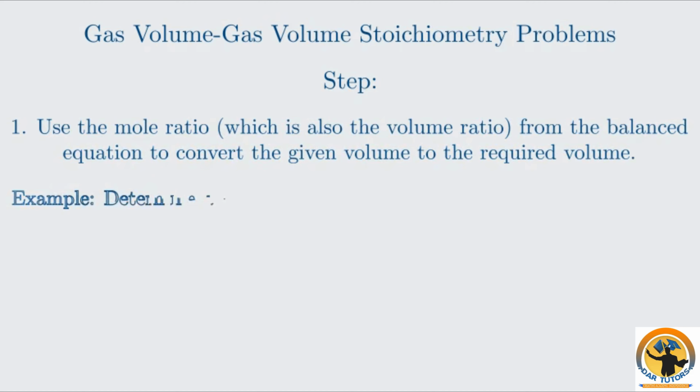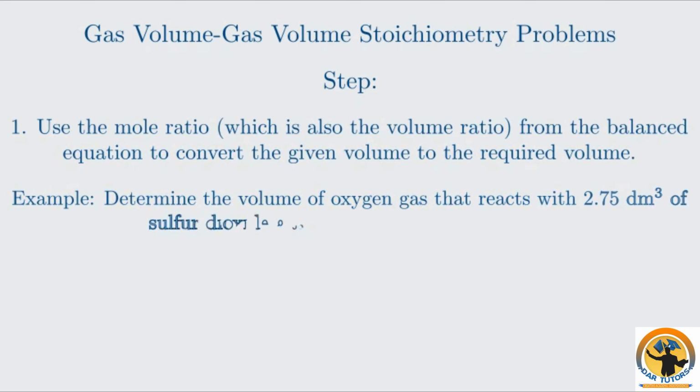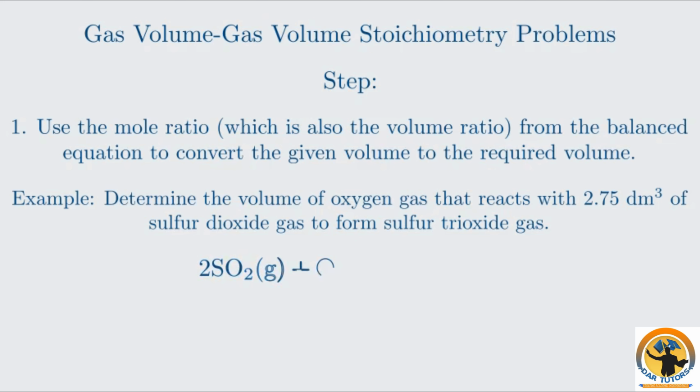Example. Determine the volume of oxygen gas that reacts with 2.75 dm3 of sulfur dioxide gas to form sulfur trioxide gas. The balanced equation is 2SO2 plus O2 yields 2SO3.